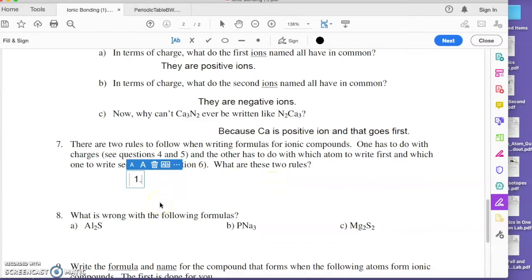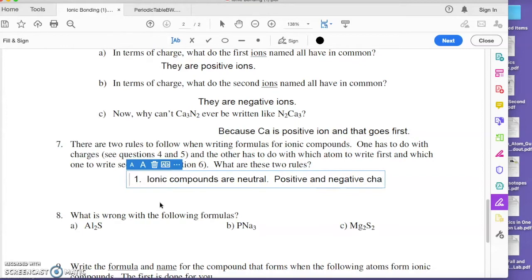Well, rule 1: ionic compounds are neutral, which means positive and negative charges are equal.